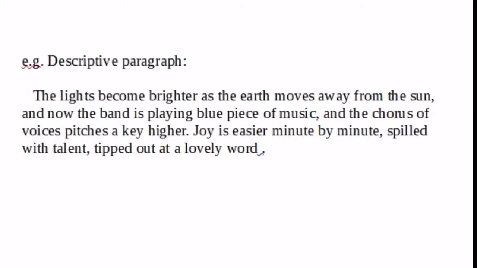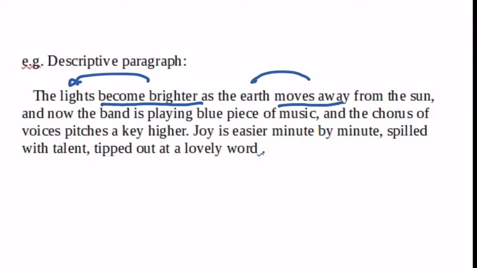So here we got a description. Okay, we are using adjectives. For example, in this part, become brighter. It's talking about the lights. For example, it gives how or where the earth is moving. Well, it moves away. And then we have what the band is playing.